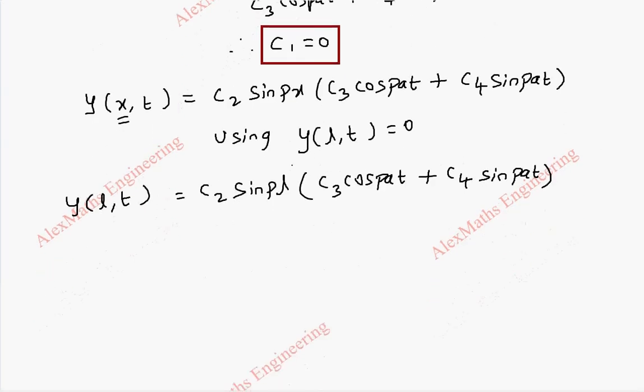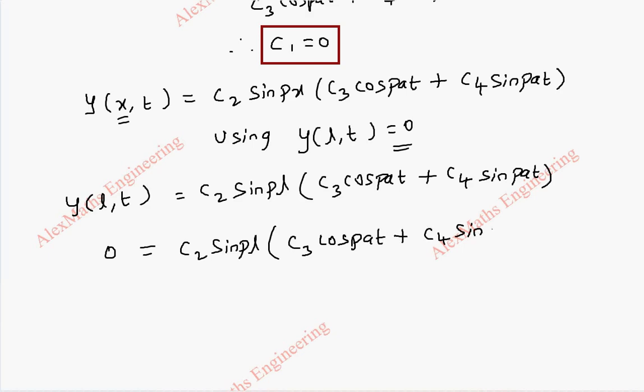Now y(L, t) is 0. So 0 equal to c2 sin pL into (c3 cos pat plus c4 sin pat).